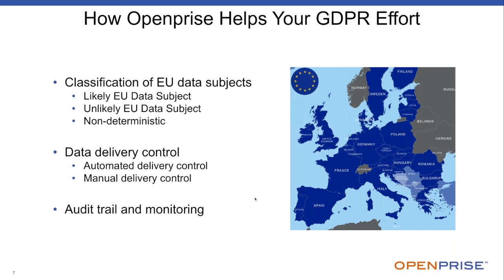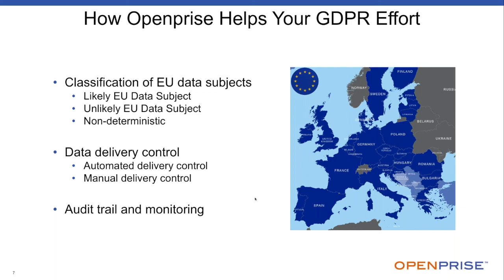After classification, we help you control the sharing and delivery of data to your various data processors, especially your non-compliant data processors, making sure they do not have access to the EU portion of your database, whether through automated delivery control or manual delivery control.